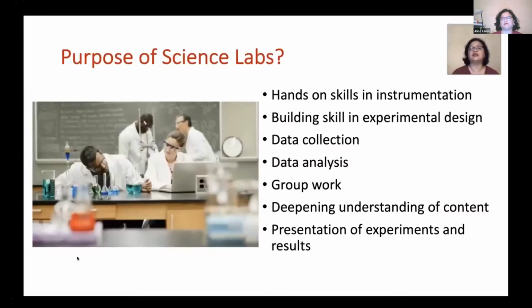This is in experimental design, data collection, data analysis, group work, and in the process, deepen their understanding of science content and concepts, and also communication skills in presenting experiments and results. Now, if you look at this list, almost all of these can be achieved online. And the main thing that is difficult would be hands-on skills and instrumentation.